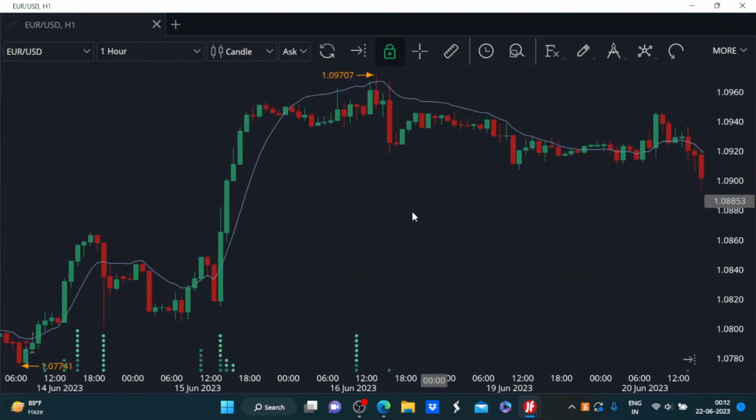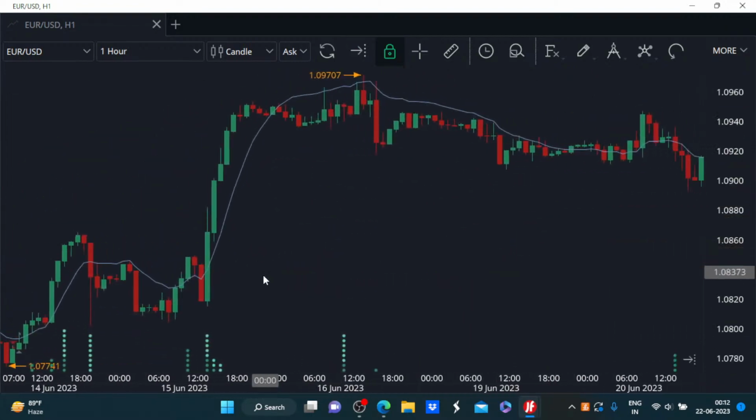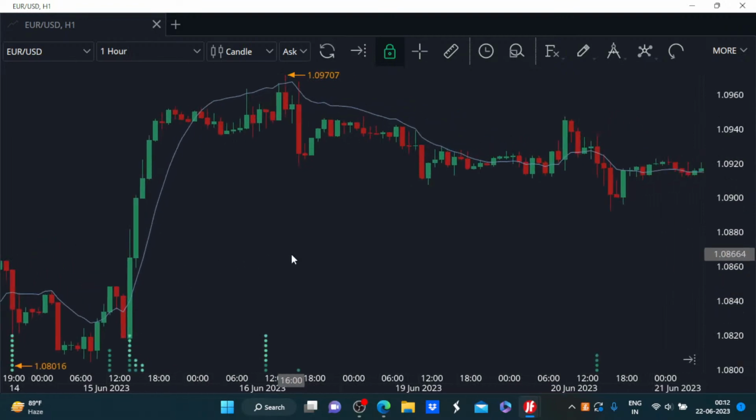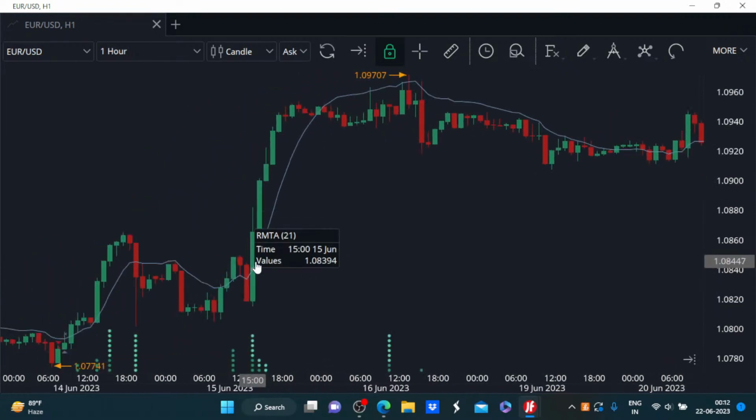If we consider the price move for the last couple of sessions, we can see that we had this big sharp move at around 15 GMT on the 15th of June and it continued. So if you were to go long somewhere around here, you would have profited substantially.